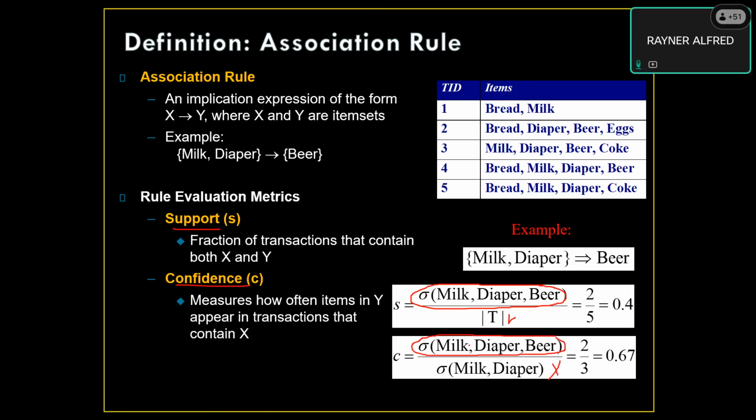This is X and Y, this is X. So it measures how often items in Y appear in transactions that contain X. This is the confidence. Between these two, confidence will tell you more about how we actually evaluate the rules.